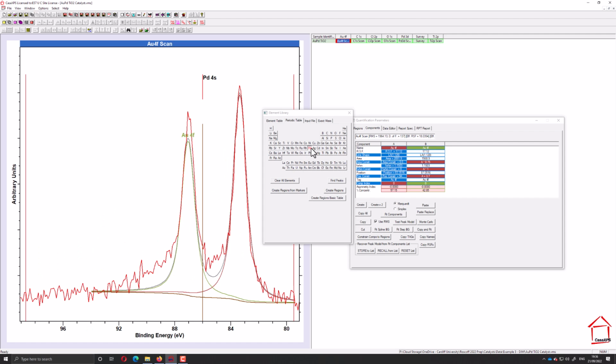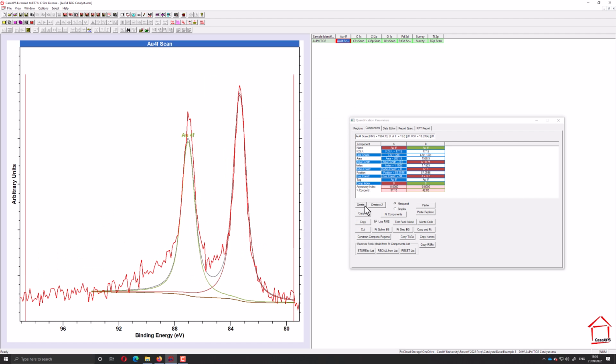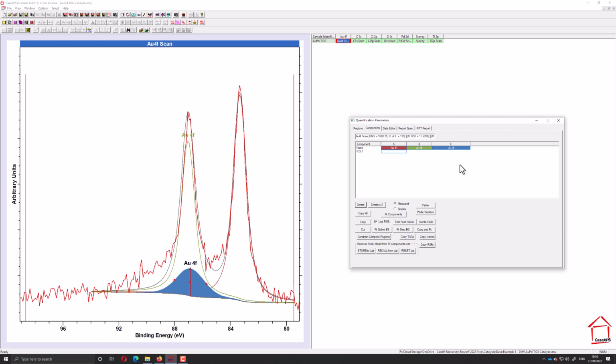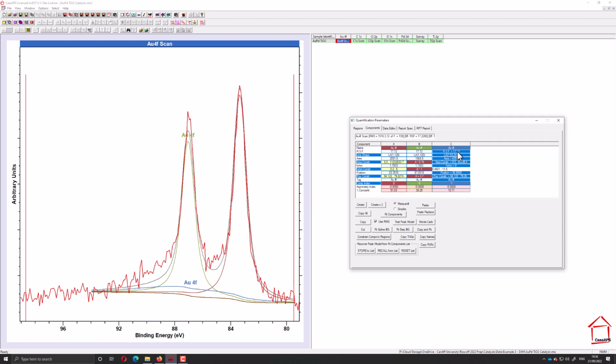So just for simplicity's sake, we're just going to create quite a wide peak here. So let's take this to be something like 8 for the moment. Let's just call this BG and palladium 4S, just so we know what we're talking about, and set the RSF to 0, and we're just going to fit that.